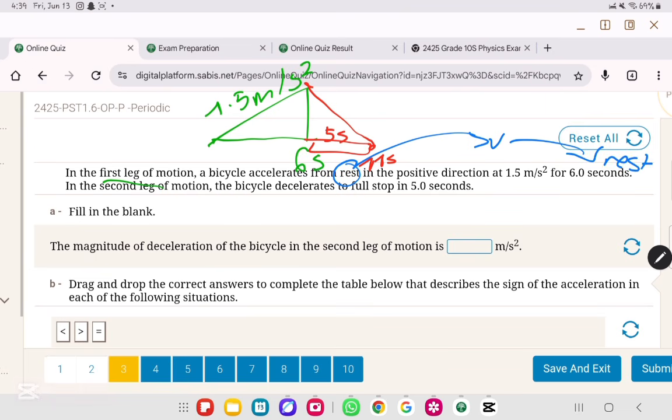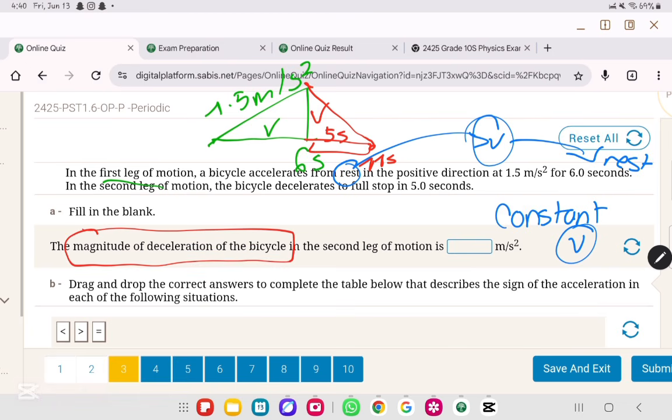That means it's gonna be the same velocity being used, or a constant velocity. So very simply, if you find the velocity of the green part, then it's going to be the same as the velocity of the red part, and this will help us to find the magnitude of the deceleration of the bicycle. So let us first find the velocity of the green part.